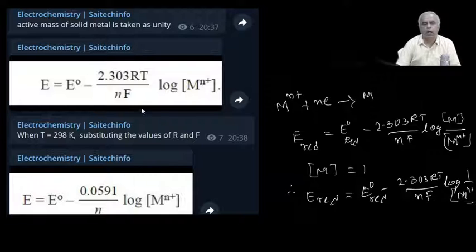Do you understand? And what about this? This is the oxidation potential. But remember that in India we consider the reduction potential. All the standard electrode potentials are represented as reduction potentials. Anyway, now let us proceed.